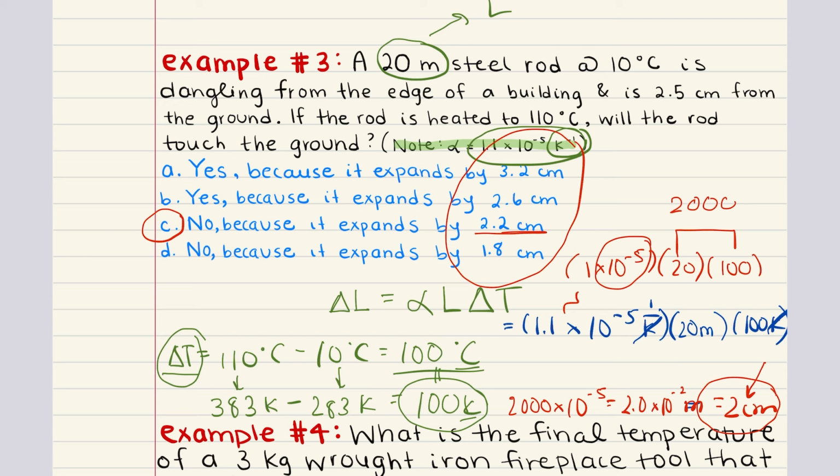And so, if this rod is heated to 110 degrees Celsius, the rod will not touch the ground because it only expands by 2.2 centimeters, whereas the steel rod is dangling 2.5 centimeters from the ground. So it is off by approximately 0.3 centimeters. Again, the correct answer for 3 is going to be C.